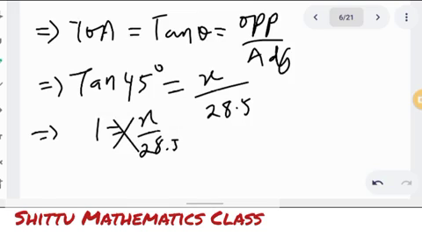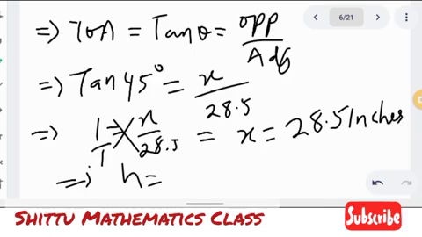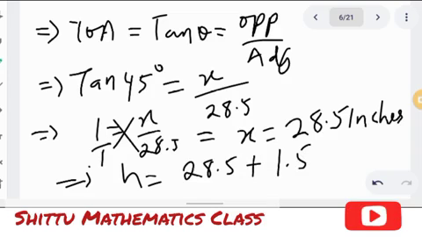When you do cross multiplication, we are going to have x equals 28.5 inches. So from there, we conclude that our height is x, that is 28.5 plus 1.5, so all of this will be inches.